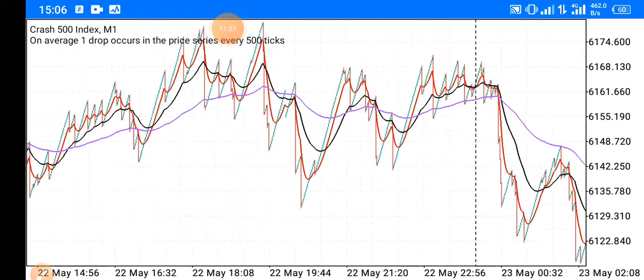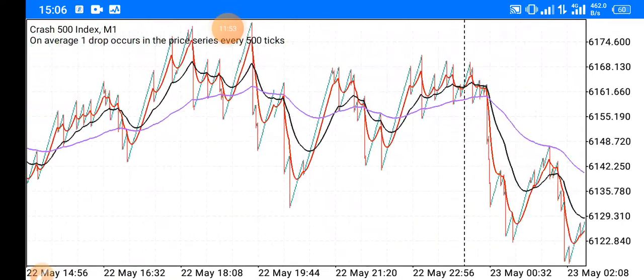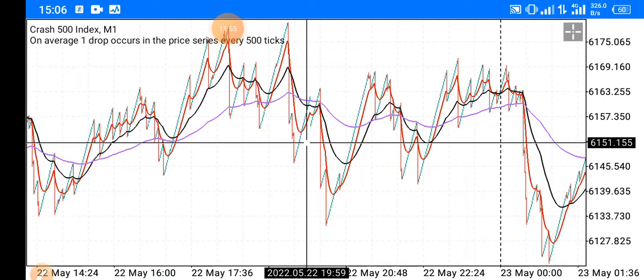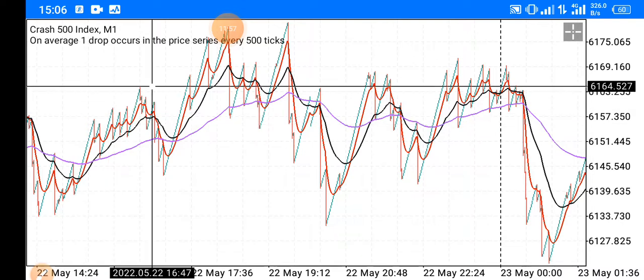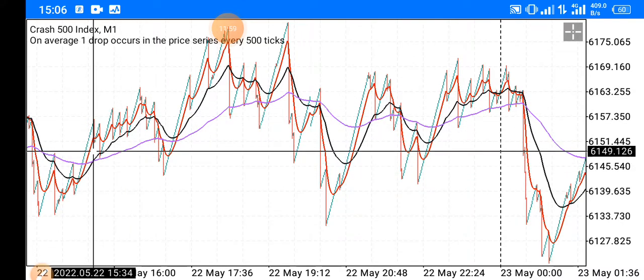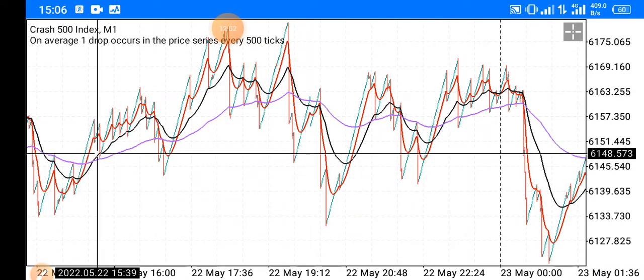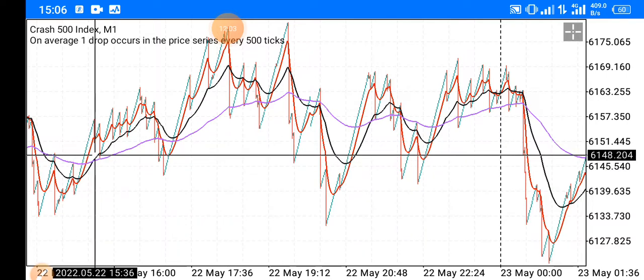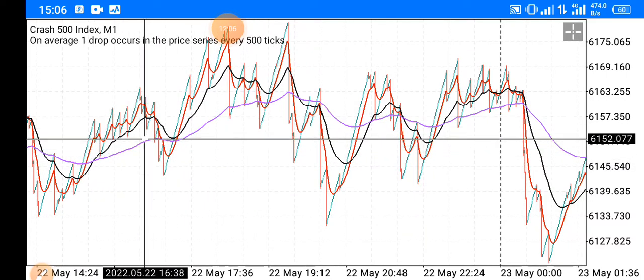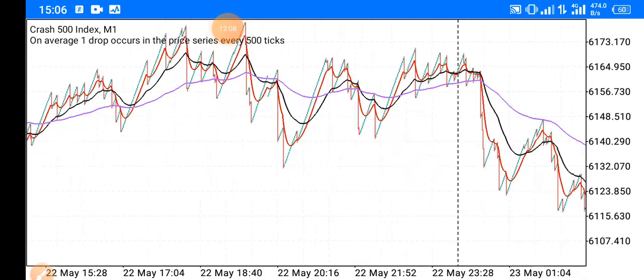So let me show you on the 1 minute time frame. So right here, this market is choppy. As you can see, on the M1, the 1 minute, the moving average is close to the upside. So I'm not looking for sell positions at any time in there.